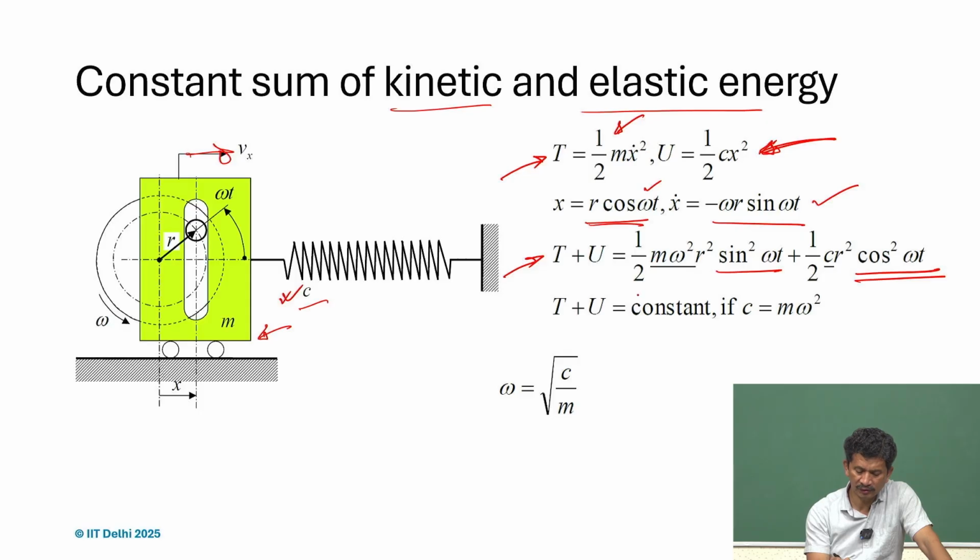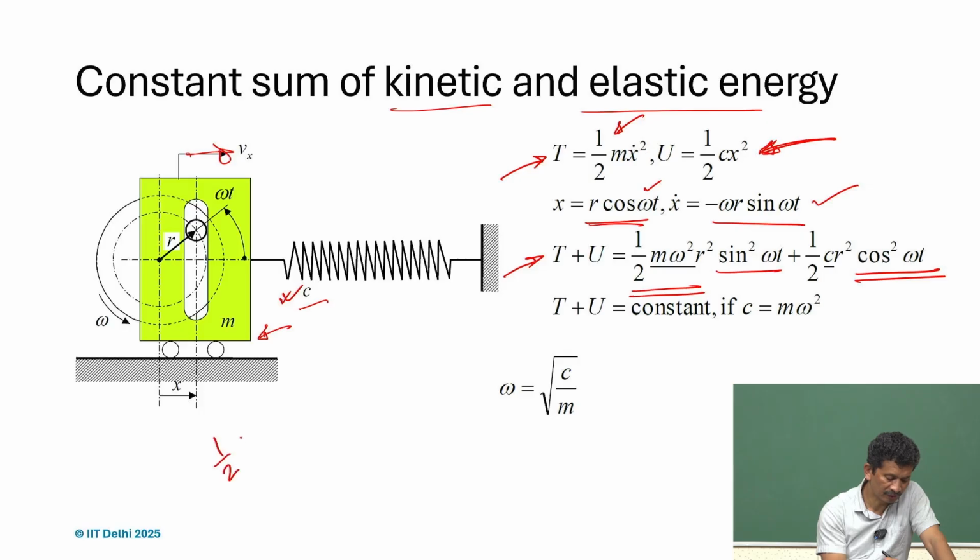So the condition is that the coefficients match: half m omega square r square is equal to half c r square. If we check, the half will cancel, r square will also cancel, so we are left with c equal to m omega square.